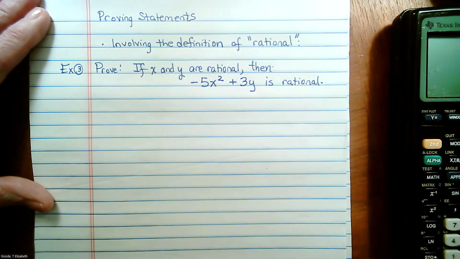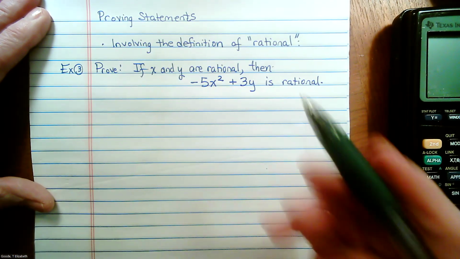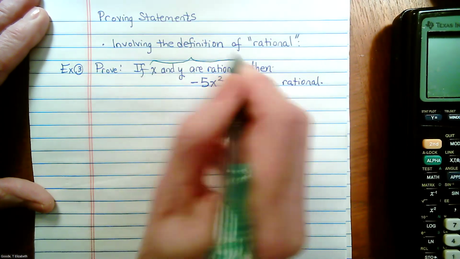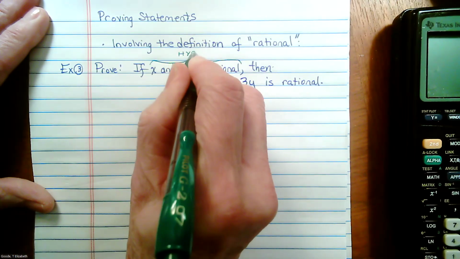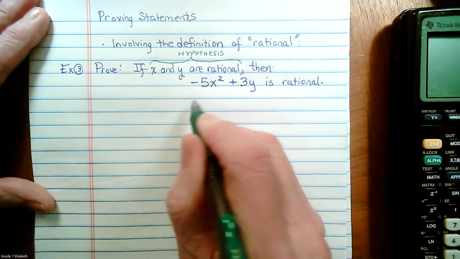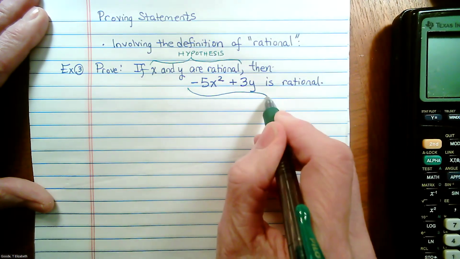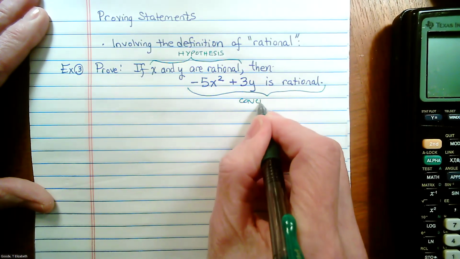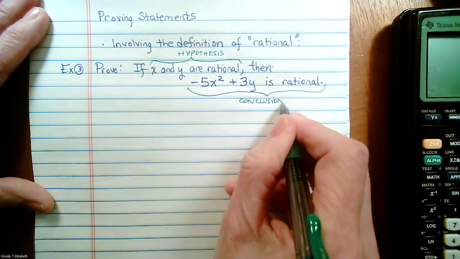So for direct proof, what would we assume? X and Y are rational. Yep, that's our hypothesis. And what do we wish to conclude? That negative 5x squared plus 3y is rational.